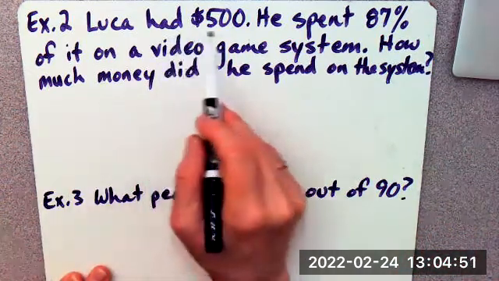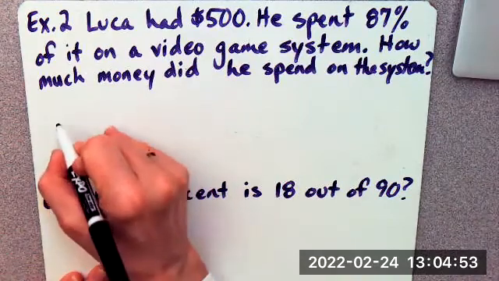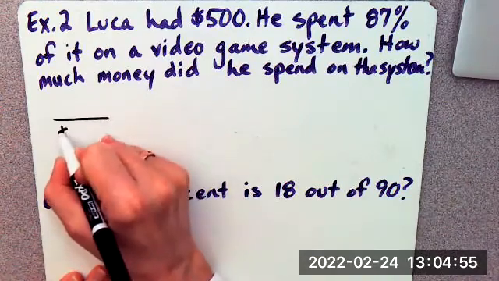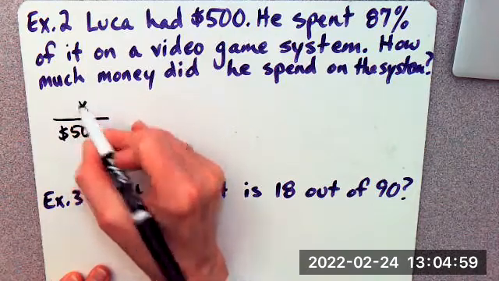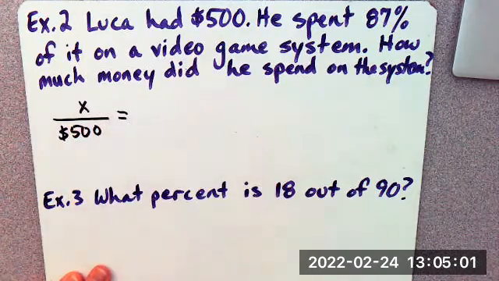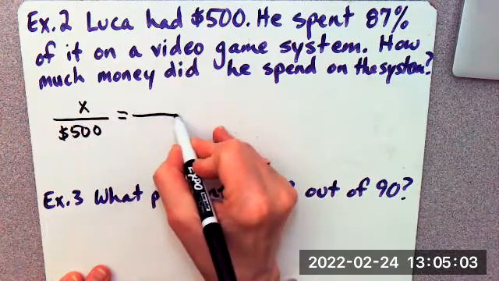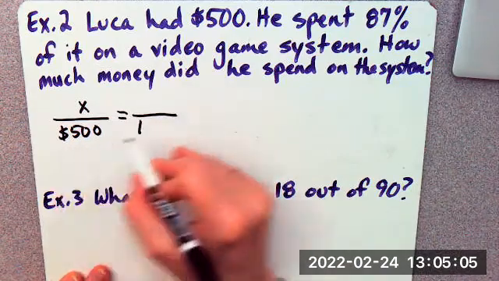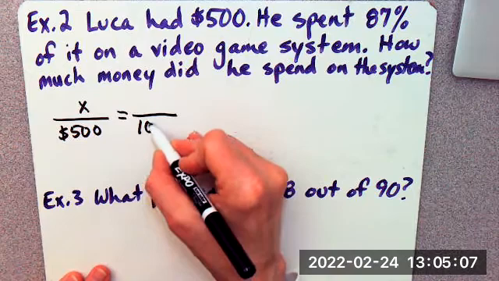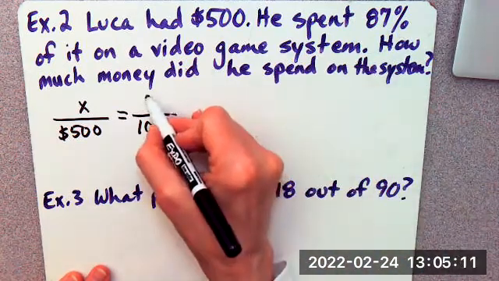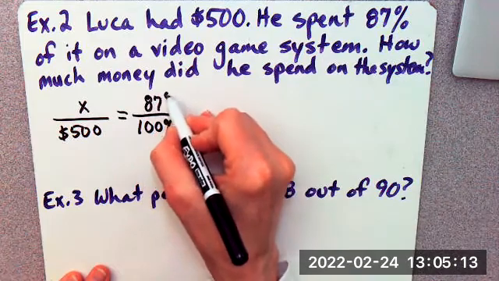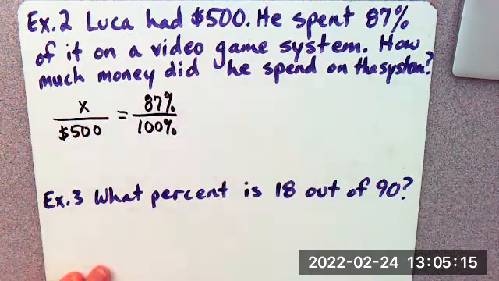So he had $500, so that's his original amount. We don't know what he spent, but it's going to be that mysterious number we will find. So we're going to compare $500 to 100%, and he spent 87% on that video game.